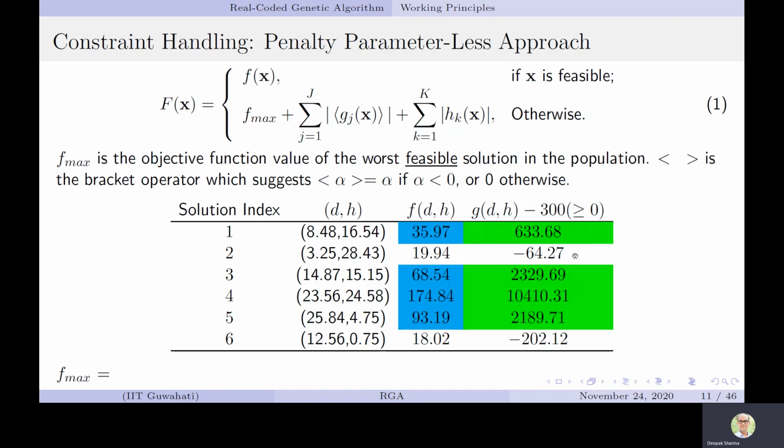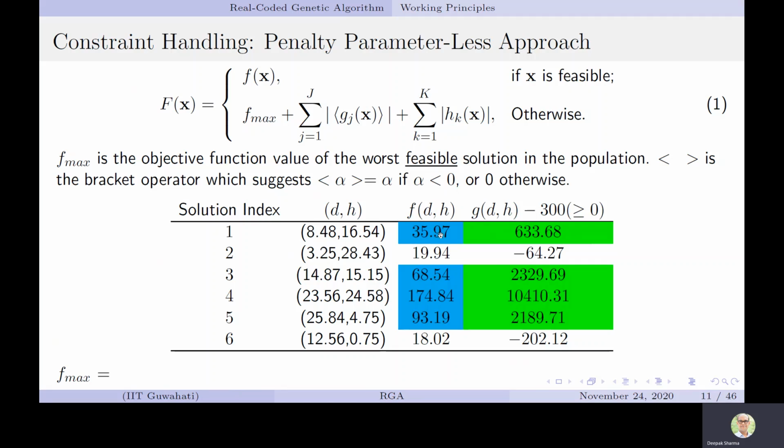The feasible solutions are shown in green color. Now let us read again: Fmax is the objective function value of the worst feasible solution in the population. Currently we have 4 feasible solutions, which are 1, 3, 4 and 5. Let us look at their objective function values.